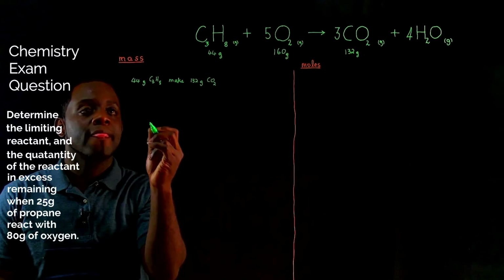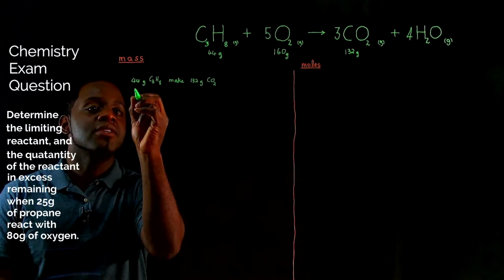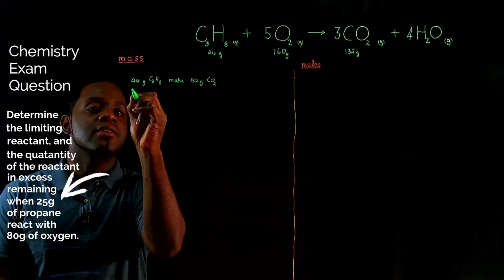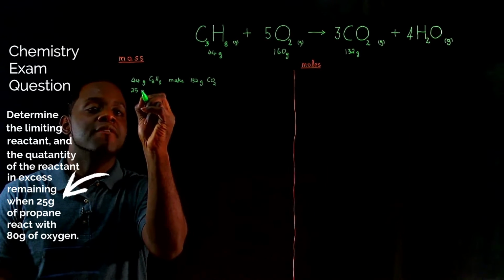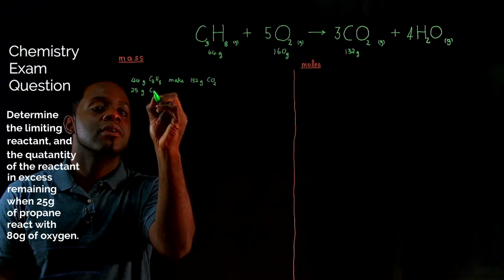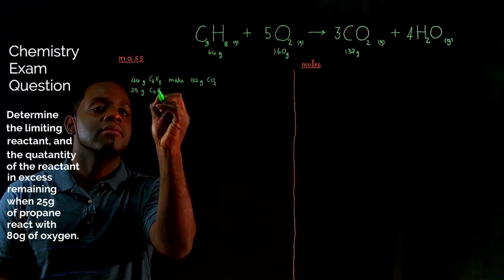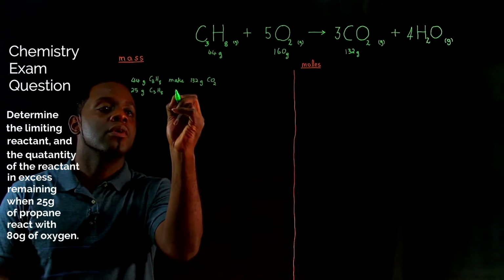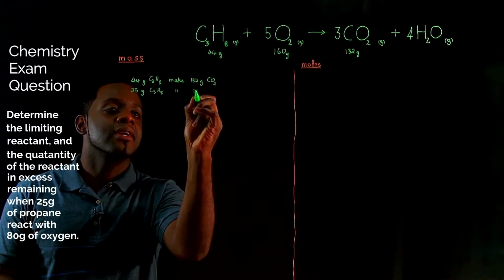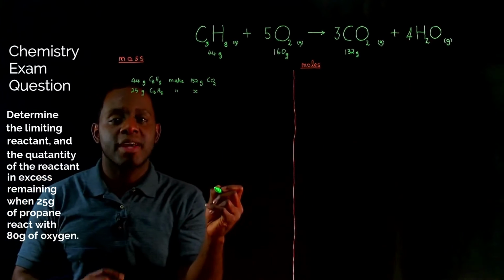So if we start with, based on the question, 25 grams of propane, we will make X grams of carbon dioxide.